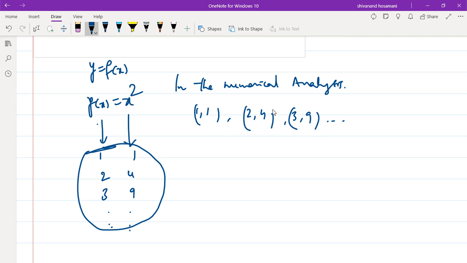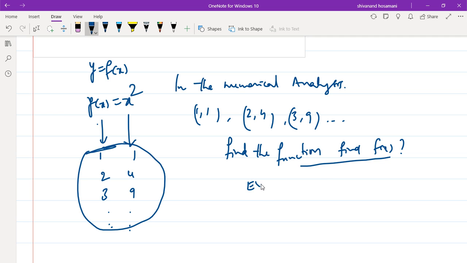This is given, and we need to find the function, so find f of x. So in numerical analysis, this is a reverse question. The values of x and its corresponding function values will be given, and we need to find the function explicitly.